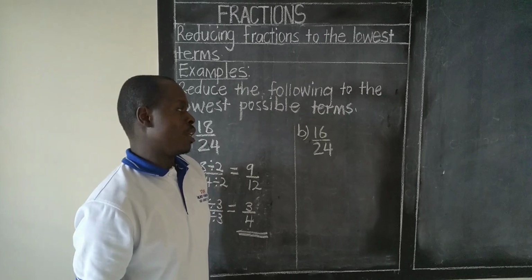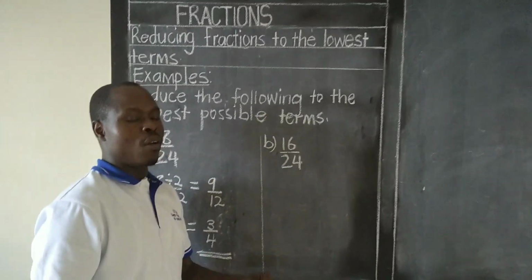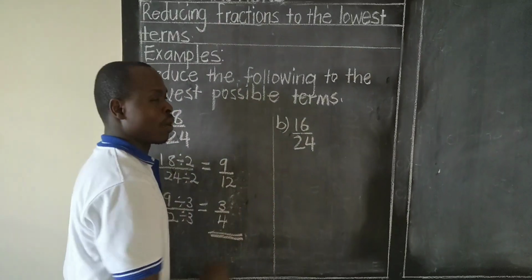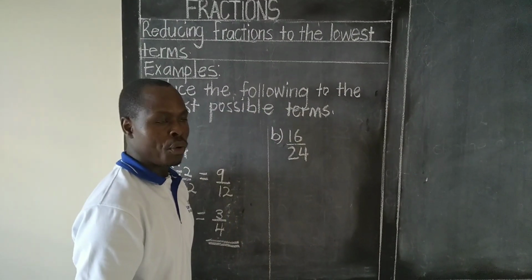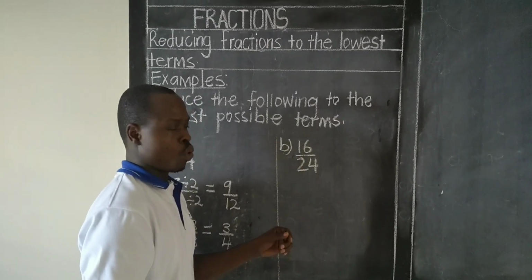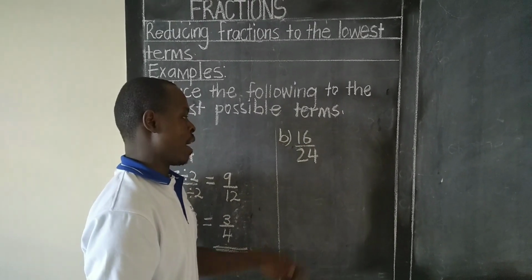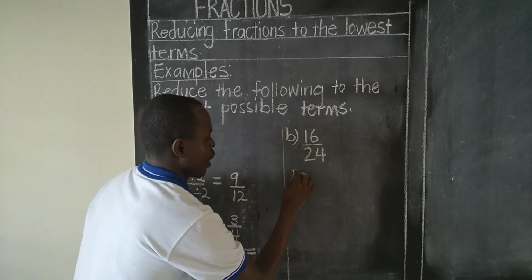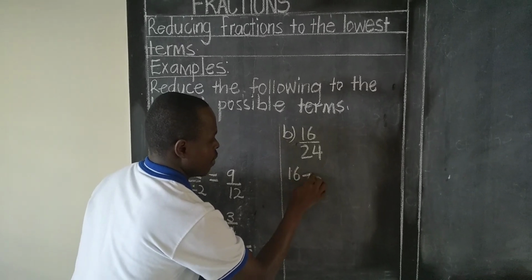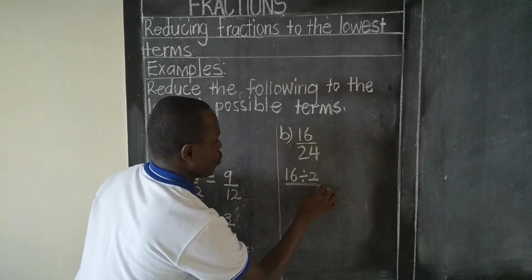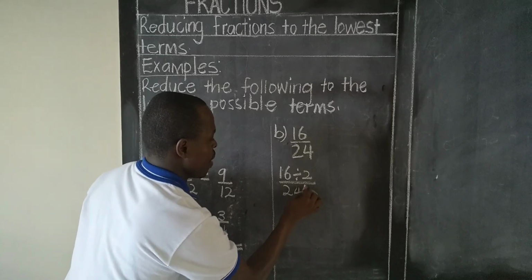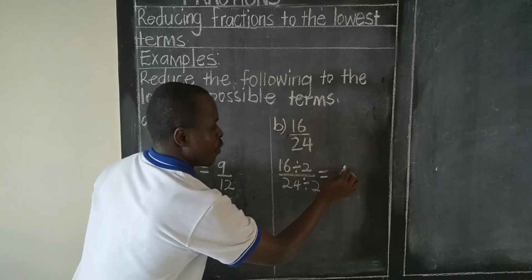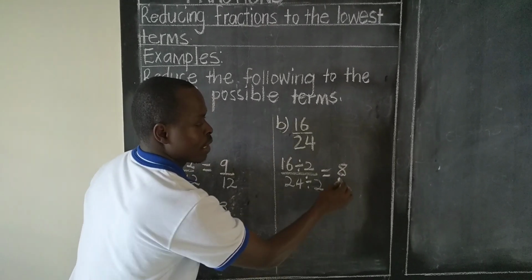Our example number 2 is reducing 16 out of 24 to the lowest possible term. That means we are going to divide through beginning with the lowest factor being 2, because 6 is an even number and 4 is an even number. Therefore, we divide through by 2 first. 16 divided by 2 out of 24 divided by 2. 16 divided by 2, we shall get 8.